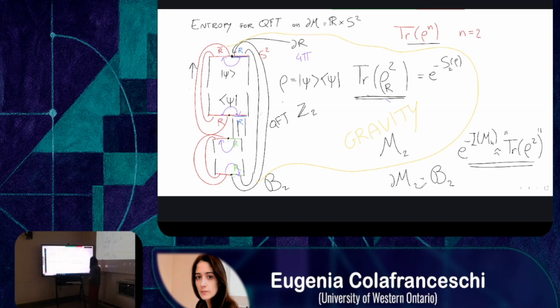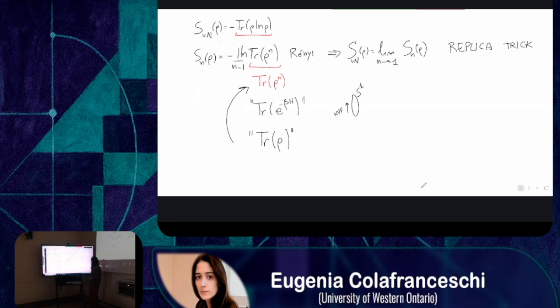In the von Neumann entropy, you need to compute the trace of a logarithm of the density matrix. With the replica trick, you can forget about the logarithm, because you have the trace of the density matrix to a power. Now, you take the limit for n going to 1, because for n equal to 1, the Rayleigh entropy diverges, because you have 1 over n minus 1. So the advantage of the replica trick is that you just need to compute the trace of a density matrix instead of the trace of the logarithm of a density matrix.